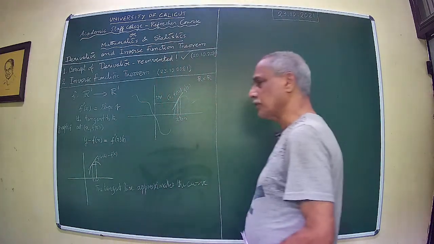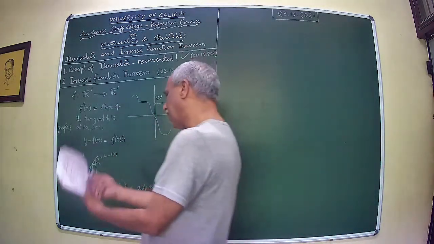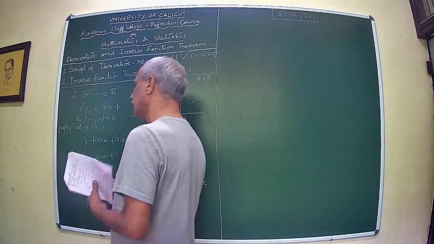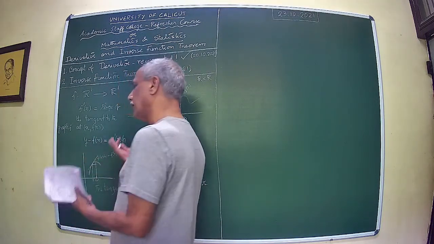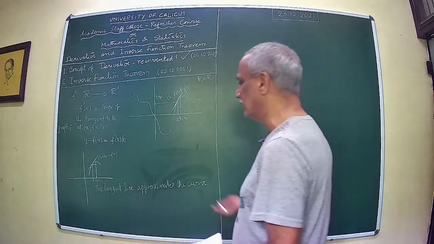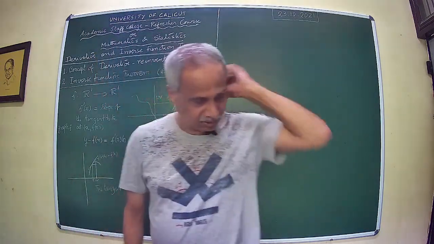It's a linear approximation that you are seeking, and the linear approximation is defined by the slope of the line and the point where you have the tangent, and so you can write down that and you can easily check this. So this is the sort of geometry that you come across.